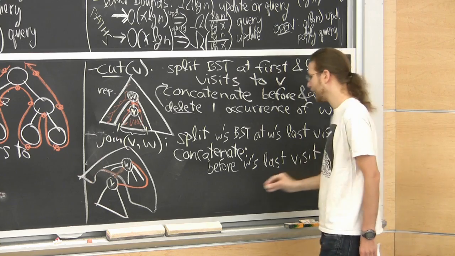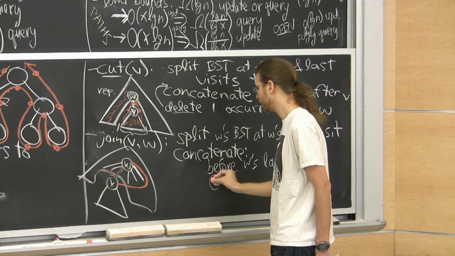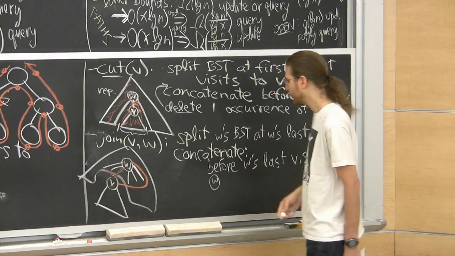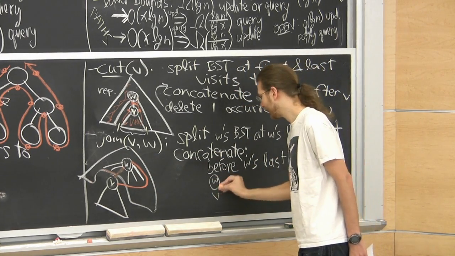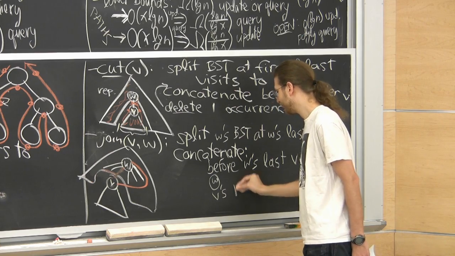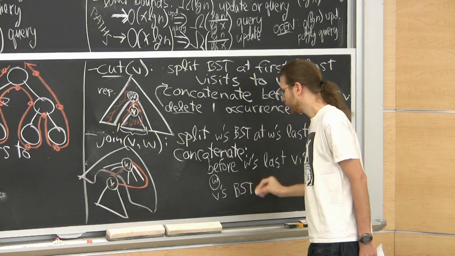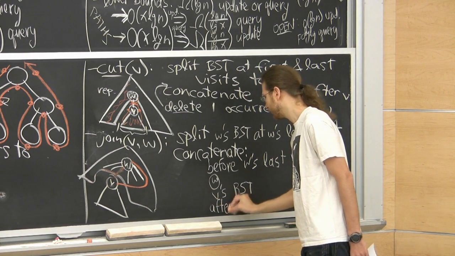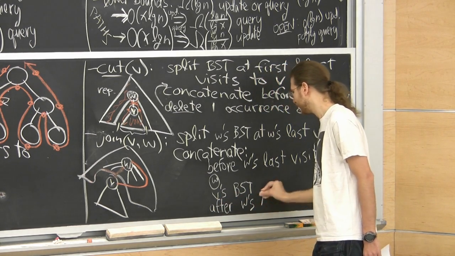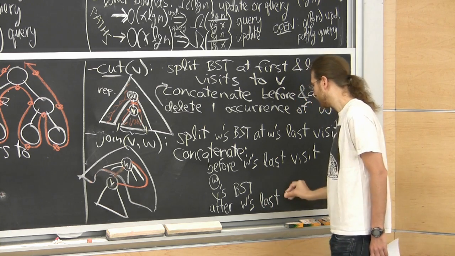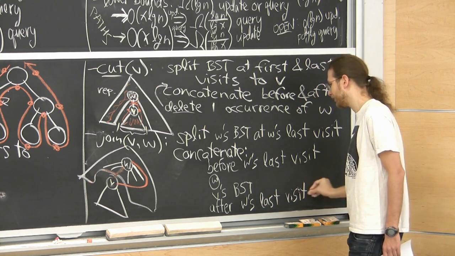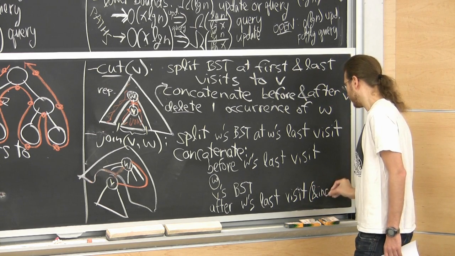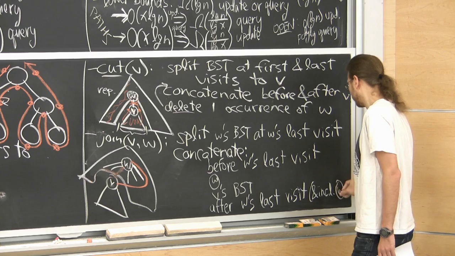We're going to concatenate a single occurrence of w, because there's a new occurrence of w now. We do it before and after v. So we add another w, then we add v's Euler tour, v's BST, and then we do after whatever used to be there, after and including that w visit.